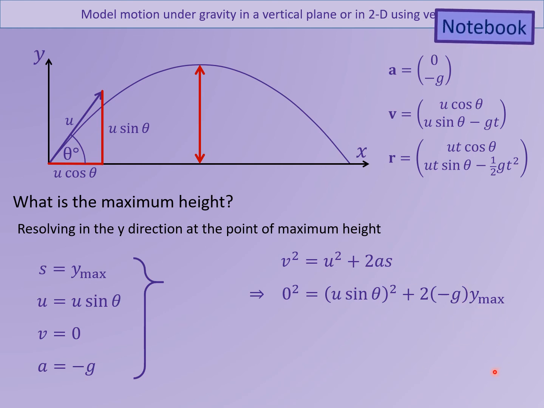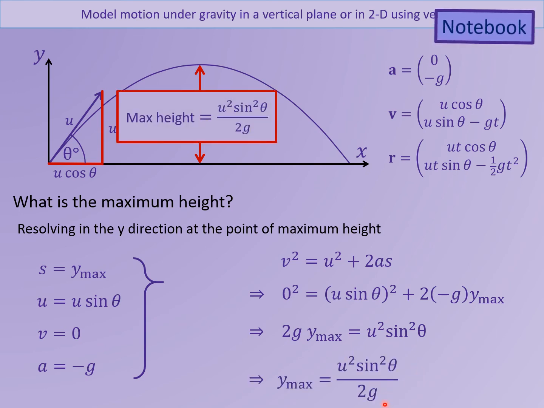I can rearrange it, pull it over to this side, and lo and behold, my maximum y value would be u squared sine squared theta over 2g.